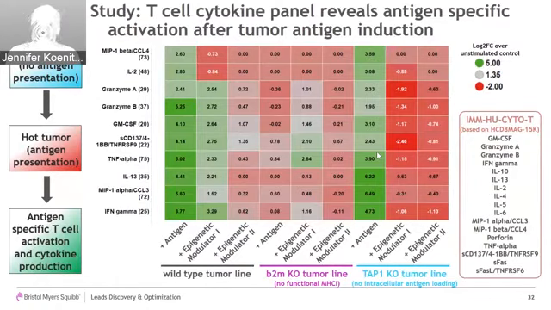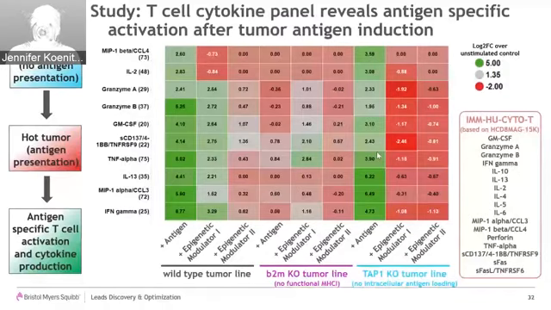So TAP1 is an essential transporter for intracellular antigen processing and antigen loading onto the MHC. So in the absence of this protein, those particular cells are not able to present newly expressed neoantigens, but are expected to have a functional MHC on the surface.